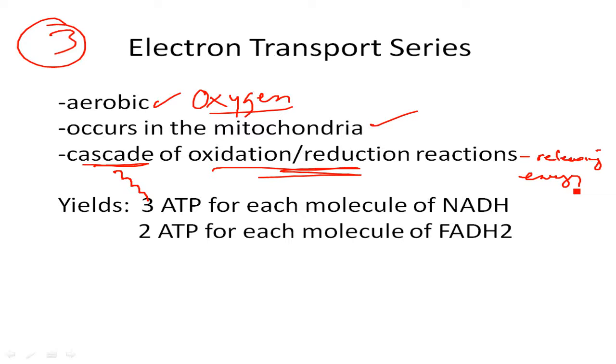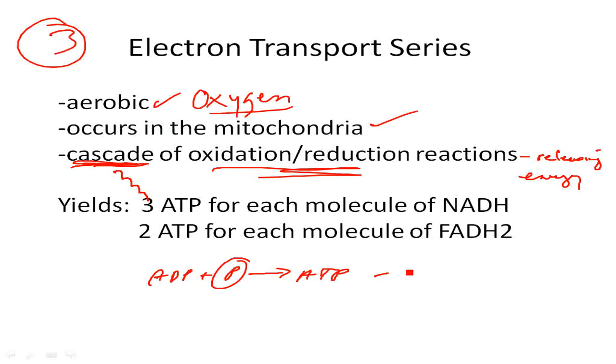And we're going to do this in small steps or cascades of reactions. Okay, well, after you do all this, basically you're going to take that energy and you're going to use it to take ADP and add a phosphate and make ATP. And it's kind of like a cellular machinery that does all this. It's an indirect transfer of this molecule. You're using the energy to kind of push those phosphates on.